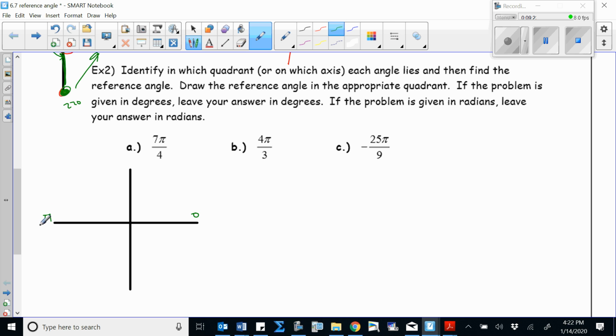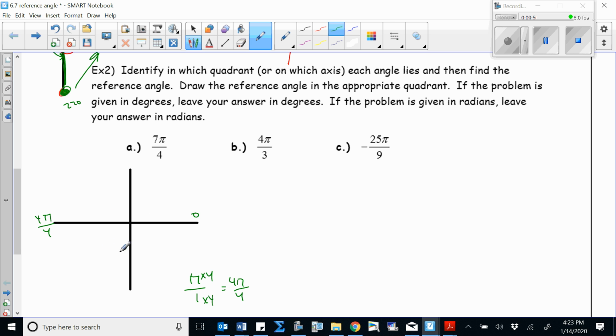I need to make the denominators of all the corners the same as pi over 4. Like the denominator should be 4. What should I do? I'm going to write, let's say, pi. The denominator of pi is 1. To make the denominator 4, I'm going to multiply both top and bottom by 4. So this will be 4 pi over 4. So I change this pi to 4 pi over 4.